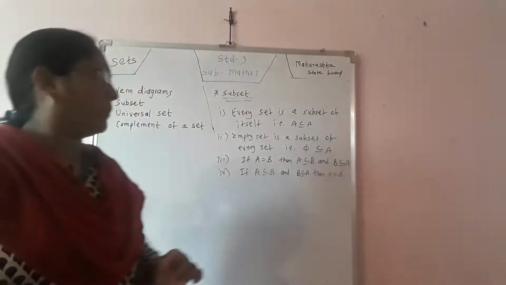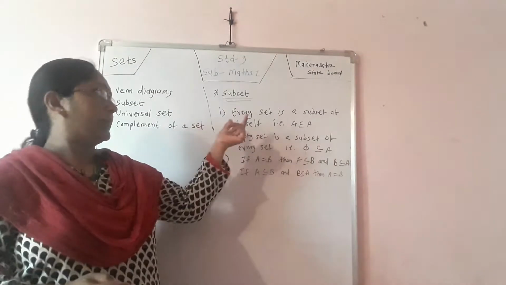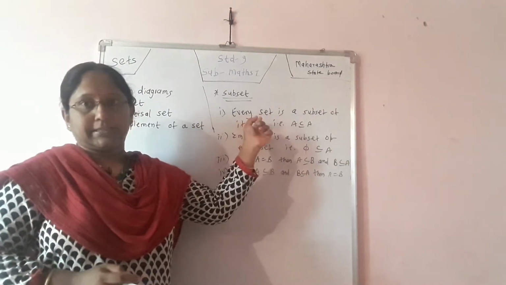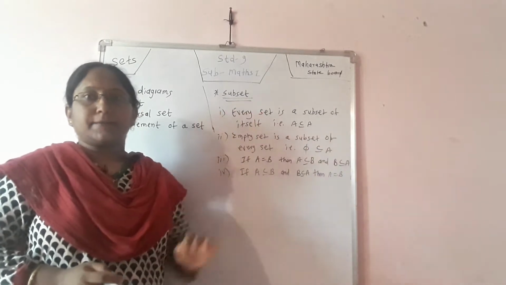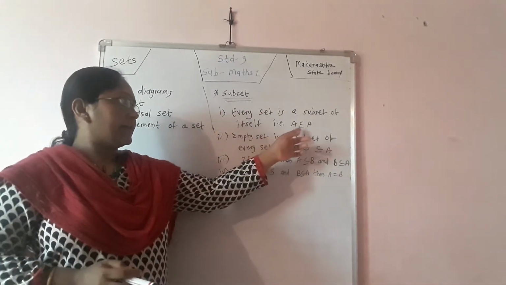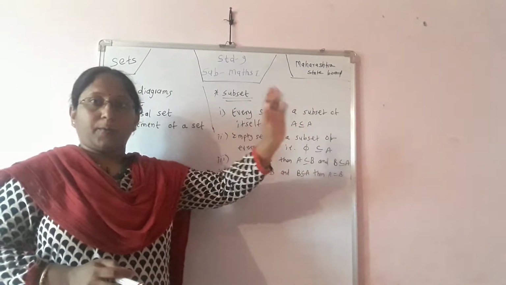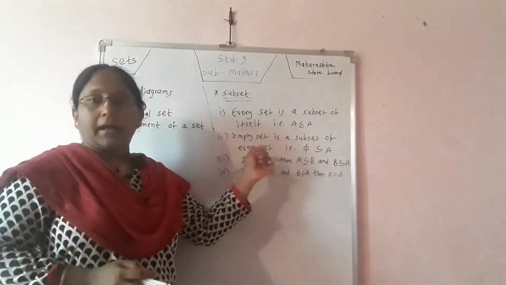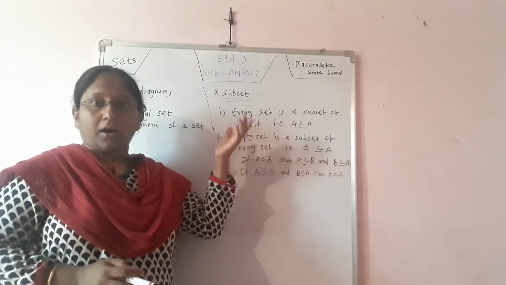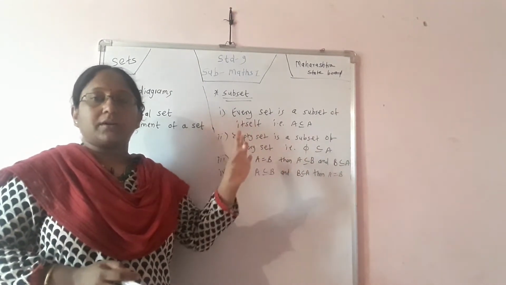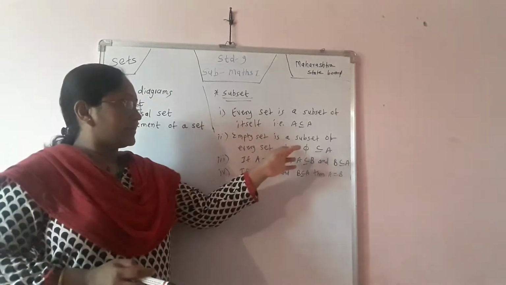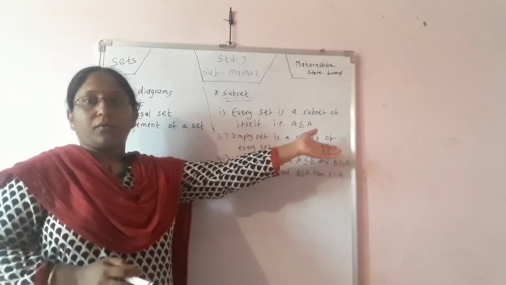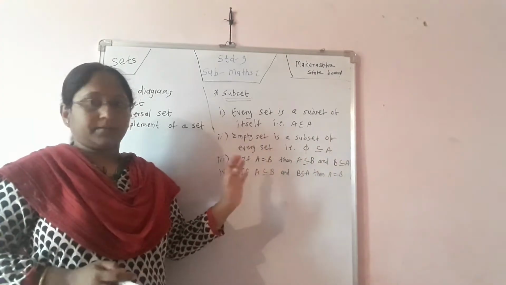And there are some properties of subset. First property, every set is a subset of itself. That is A subset of A, B subset of B. Second, the empty set is a subset of every set. The empty set or null set means it does not contain any element, and it is represented by phi, and phi is a subset of every set.